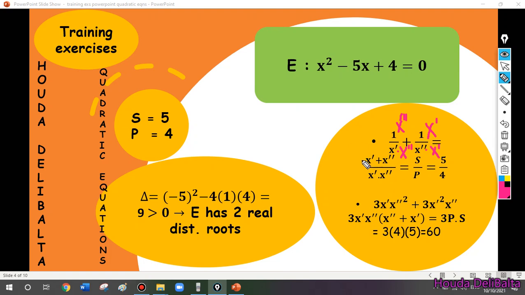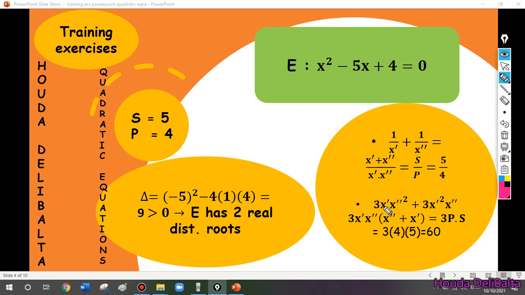That is the sum and that's the product. So that value is equal to s over p, where s is 5 and p is 4. So definitely 1 over x prime plus 1 over x double prime is the sum over the product, which is 5 over 4. And we are done with that one.